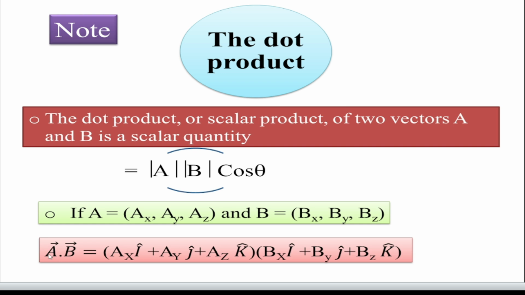Look, A dot B is equal to vector A times vector B. Great. As I said, this is the x component of vector A, the y component of vector A, and the z component of vector A. This is the x component of vector B, the y component of vector B, and the z component of vector B.